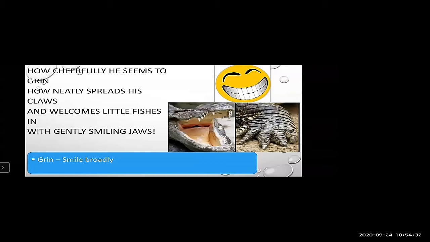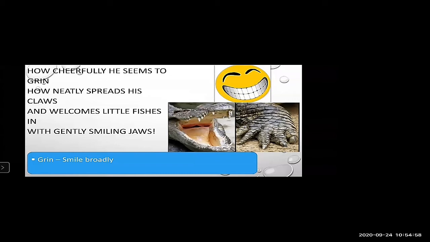And he seems to grin. Grin means smile broadly. You can see an emoticon on your right hand side. So you can see grin means smile broadly. So the crocodile is smiling broadly.